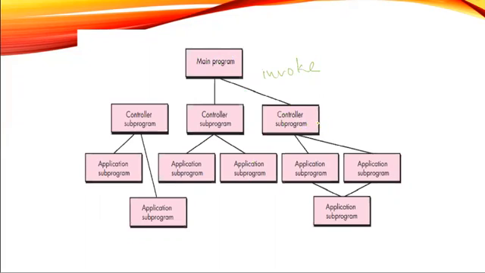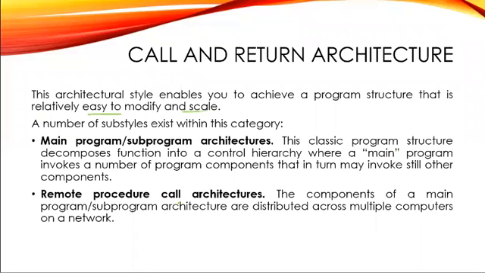This controller subprogram is again going to invoke another application subprogram. That is, in order to complete a task, you're invoking another set of components. You've got the main program, the controller subprogram, the application subprogram, then you've got another application subprogram.